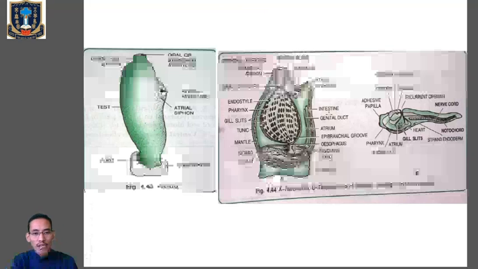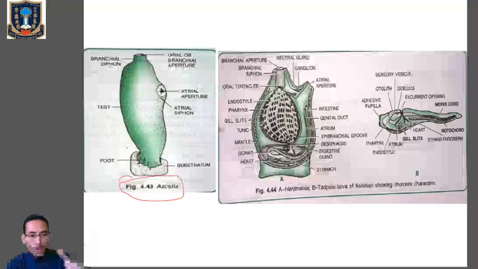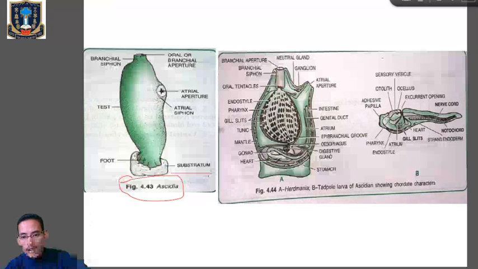So you can see over here the Ascidia. Mainly in the adult form we cannot see the presence of nerve cord or notochord. You can see a substratum, because it is sessile, so it is attached to the substratum. Now let's go to figure number 4.44. Here we can see the larval phase. Can you see over here the larval stage?